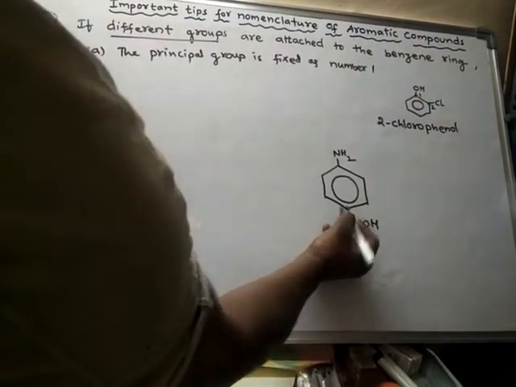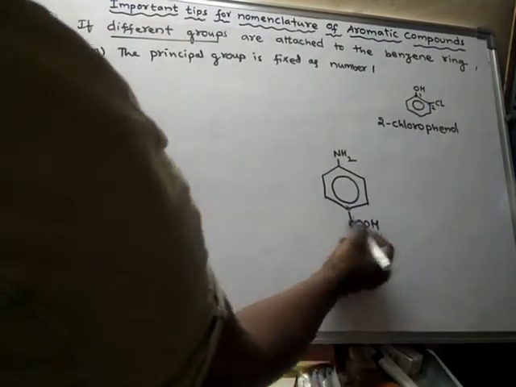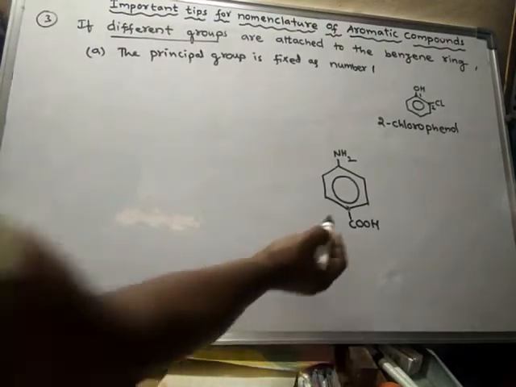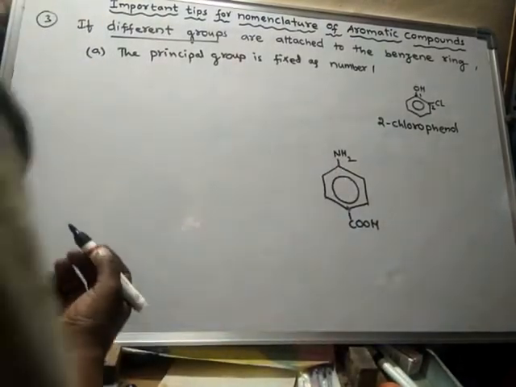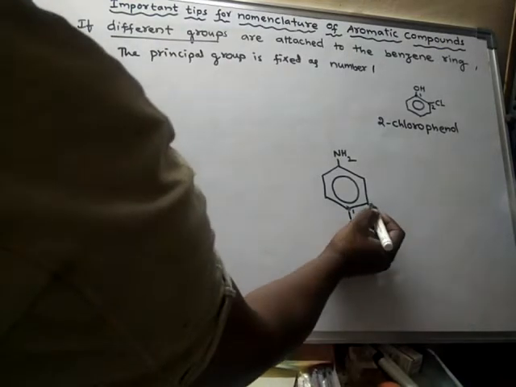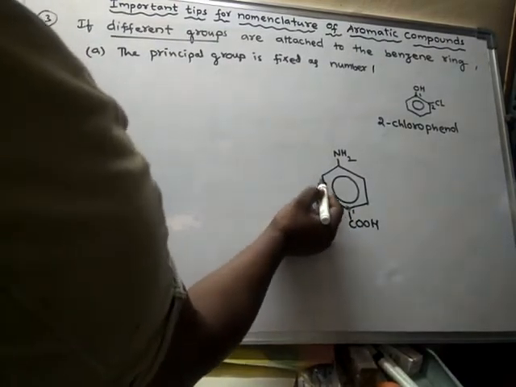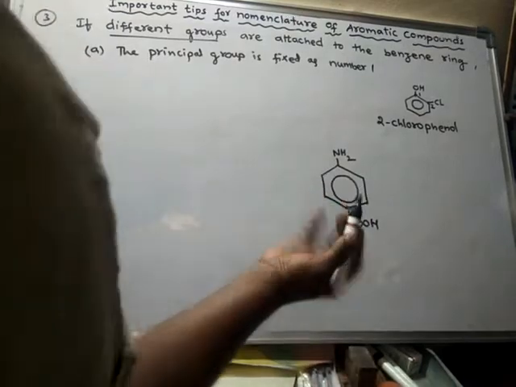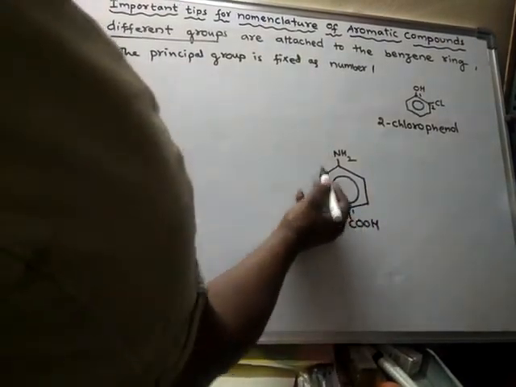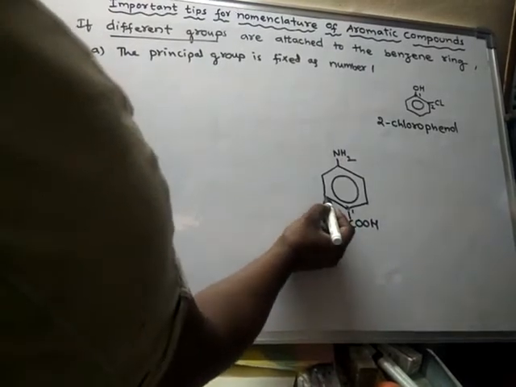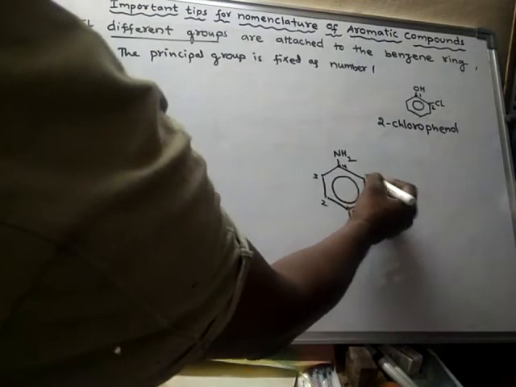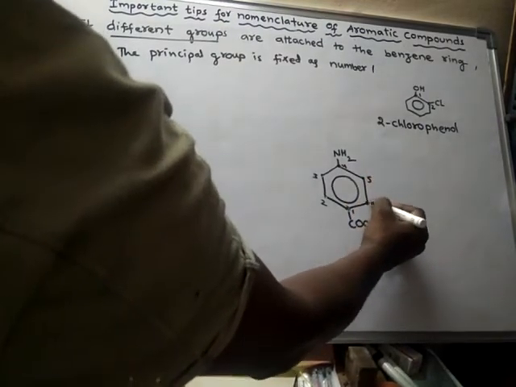This is the main functional group, and the amino group is a lower priority functional group. When compared to this one, it gets less priority, and this carbon will get number 1. We may give numbering either clockwise or anti-clockwise, it makes no difference. So let us follow clockwise now: 1, 2, 3, this is the 4th carbon, this is the 5th carbon, and this will become the 6th carbon.